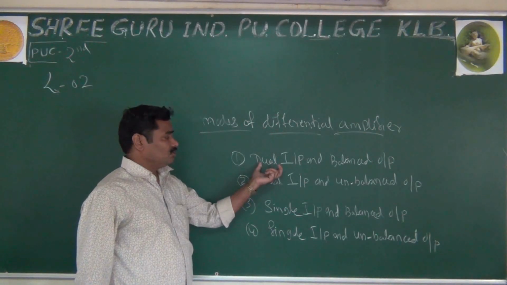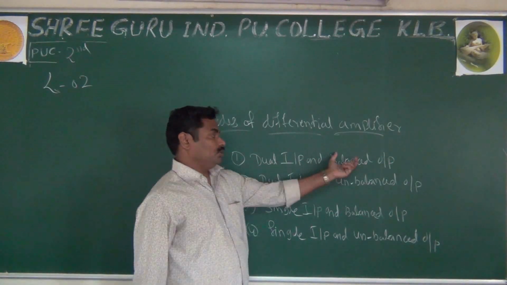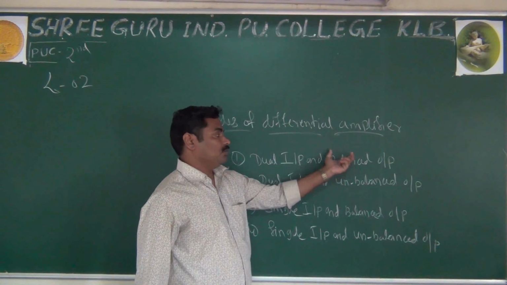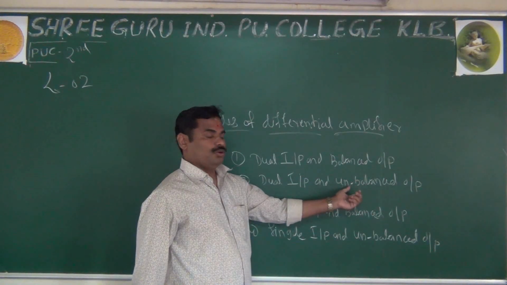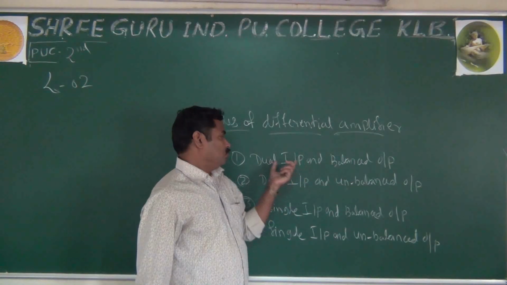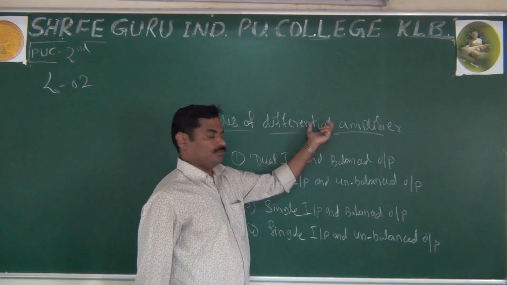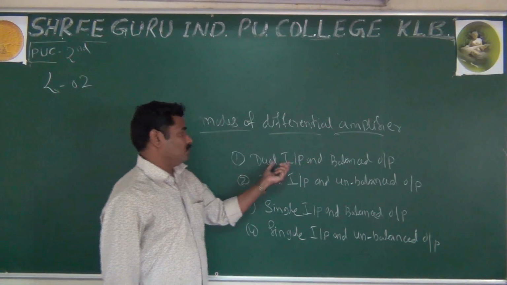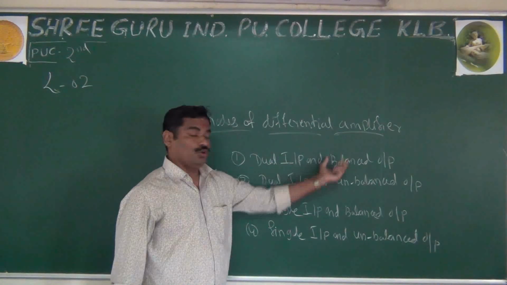Here, with a balanced output you are using two outputs. With an unbalanced output, you are using only one output. In the first mode, dual input means you have two inputs and two outputs.